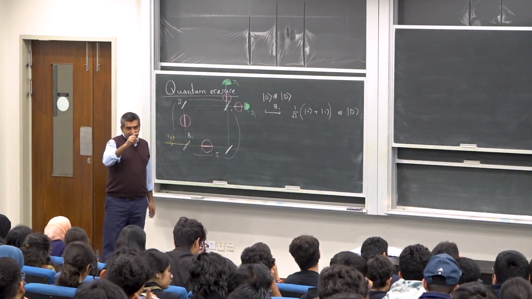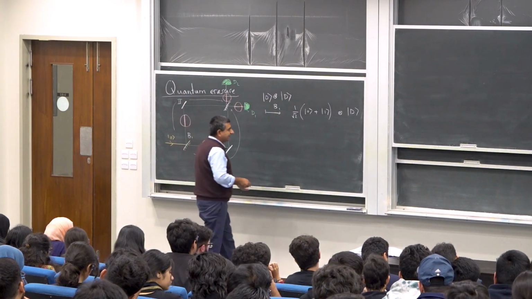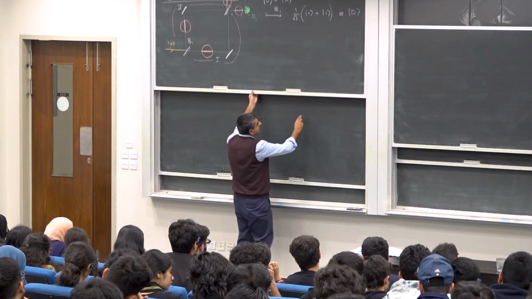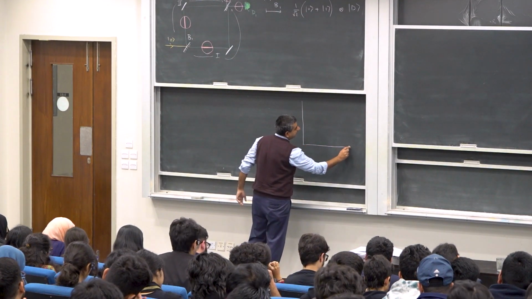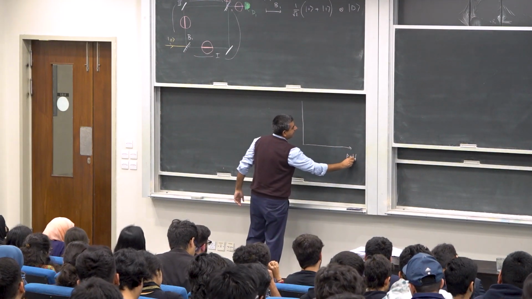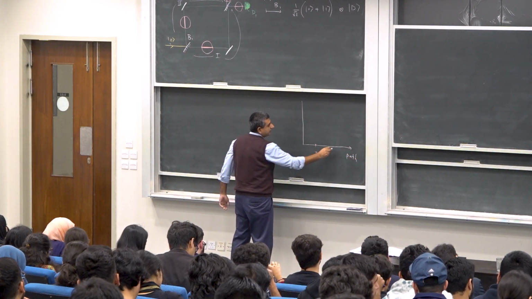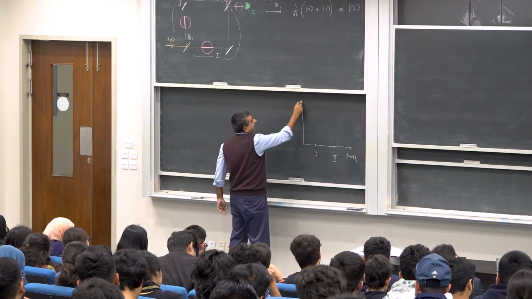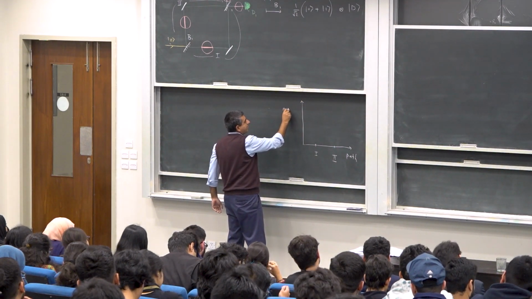So if you look at this in an uncertainty diagram, this is path, 2 paths possible, 1 and 2. Here is momentum.